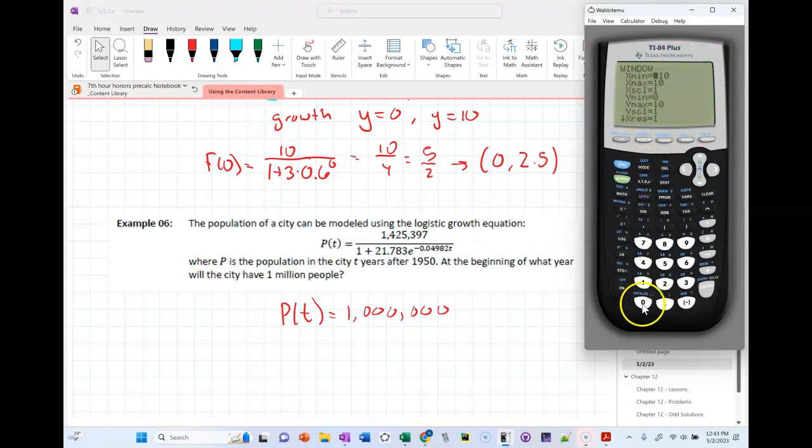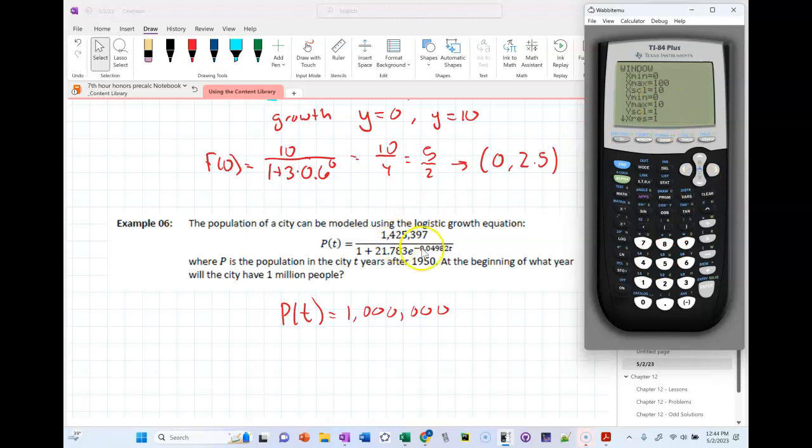We'll set a window here. So obviously t is time, so 0 to start, years after 1950. I don't know, I just pick like 100. That feels like a fair guess. We can always make it bigger if we have to, but I guess within 100 years, we should get there.